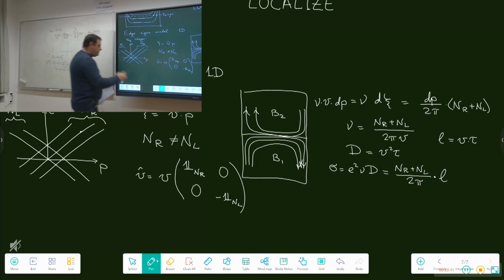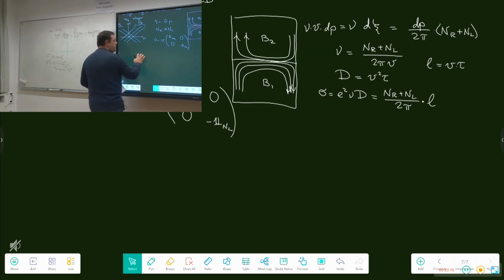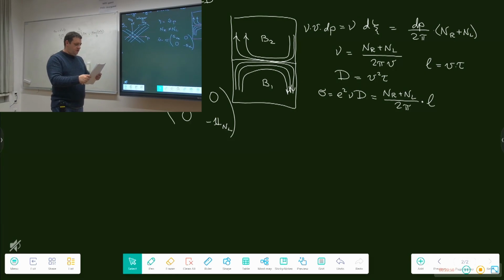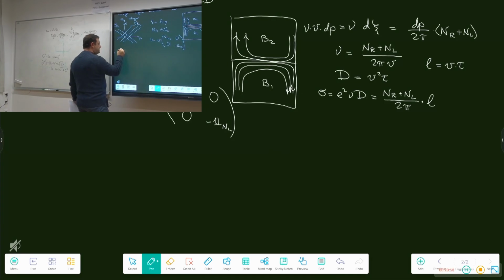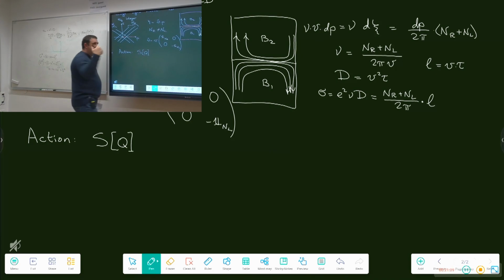Now, how do we derive sigma model? Exactly the same way as we did it before, and I will not repeat this whole procedure. I will go directly to this stage. So sigma model has the action S of Q. This is last but one step in the derivation.